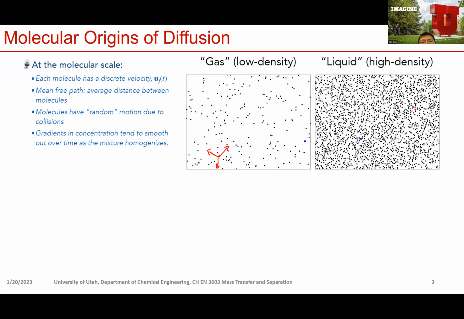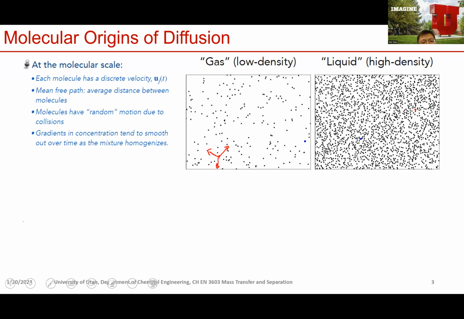Because of these possible collisions when a molecule moves around, we cannot really predict its actual moving pathway. That's why this phenomenon is also called a random walk, and there's a theory called random walk theory to explain it.